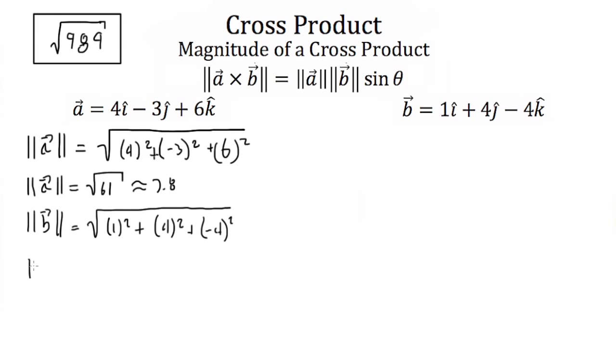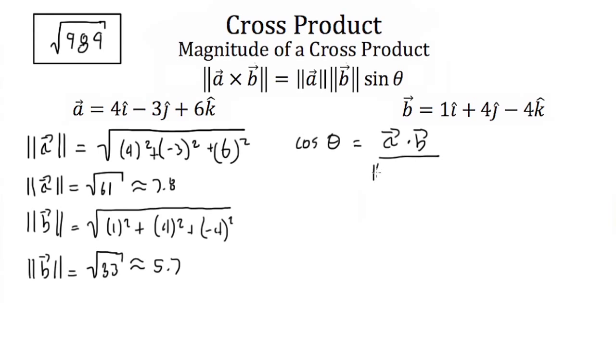So the magnitude of vector B is equal to the square root of 33, which is approximately 5.7. Now I just need the sine of the angle in between them. Well, I can use the dot product to find the cosine of the angle in between them. The cosine of the angle between these two vectors is equal to vector A dotted with vector B divided by the magnitude of vector A times the magnitude of vector B.